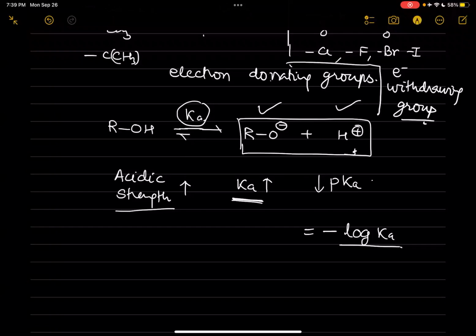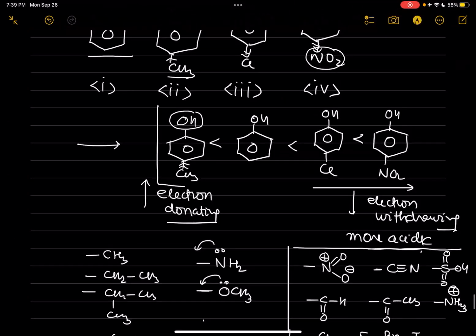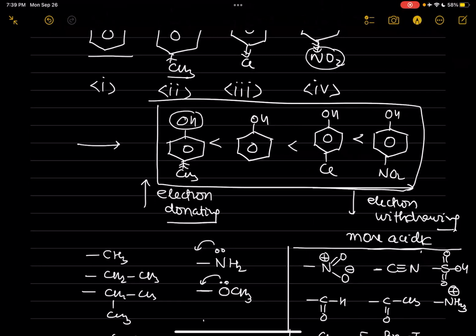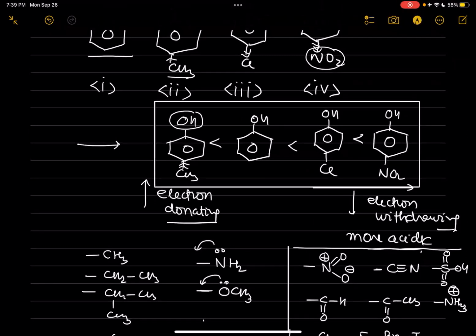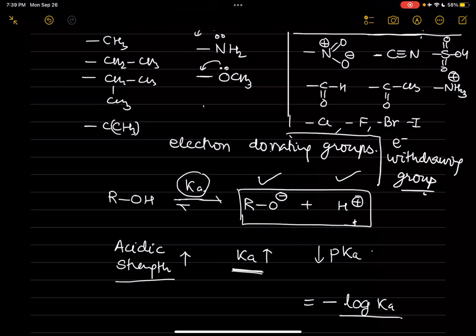If you have a negative sign, the larger value becomes the smaller value. Just remember, this is the order of the acidic strength, and the order of pK value is going to be just the reverse of this acidic strength. Just remember this and you will be able to do all the questions. Is it clear?